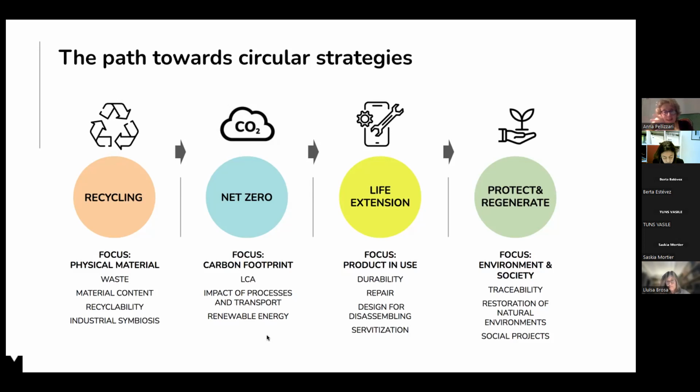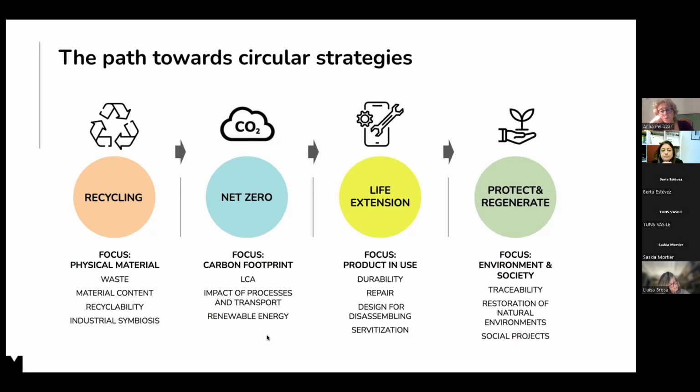And the fourth leg, I would say, is that of protect and regenerate, where the focus is environment and society. And here, clearly, all the concerns are about traceability. So where does my material come from? Is the manufacturing or the growth or the sourcing of that material affecting someone somewhere?